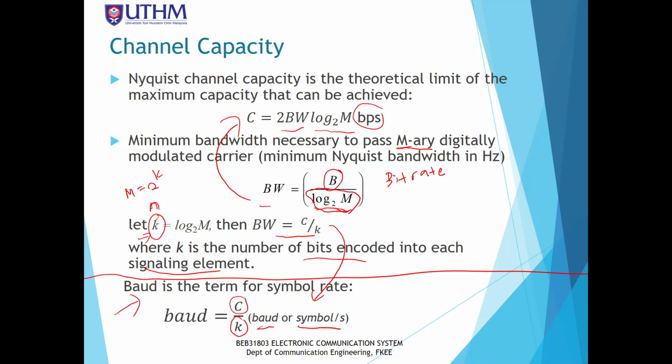Okay, so baud sama ada you nak gunakan capacity, which is the maximum of bit rate, bit rate divide over k, number of bit per symbol. So you akan dapat symbol per second. So perhatikan kelas, bit rate adalah dalam sebutan bit per second.